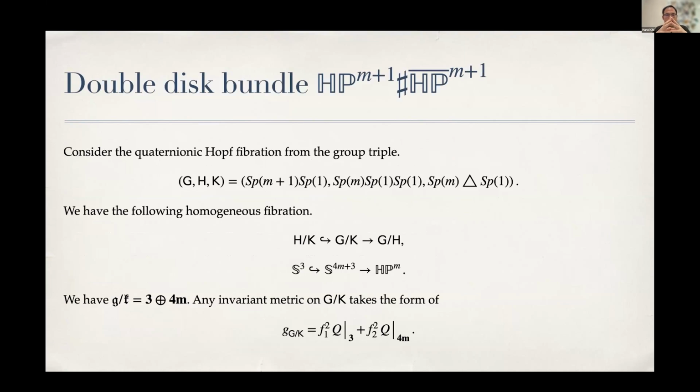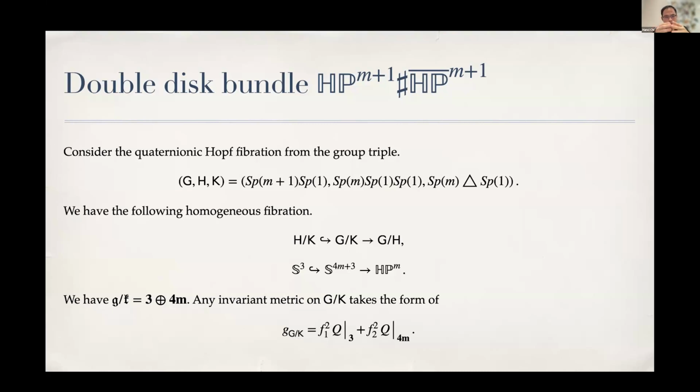So the manifold is something called a double disk bundle, right? Recall that we replaced the circle bundle with an S^3 bundle over HP^n, right? That's the quaternionic Hopf fibration.